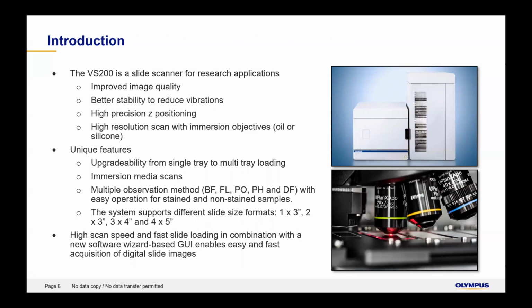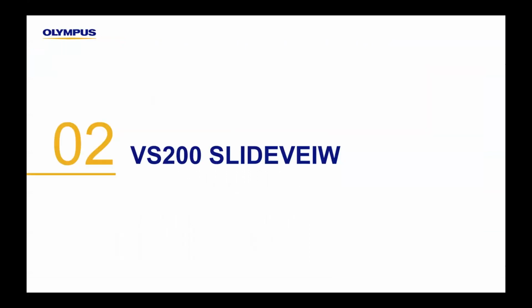We designed the system to be very flexible, easy to upgrade, and able to handle a number of different research applications. We have 5 different observation methods. We can use either conventional or silicon oil for high numerical aperture imaging, and we can easily adapt the system to support multiple slide formats, ranging from 1x3 slides to 4x5 glass plates. We also made it really, really easy to use. So let's see the system.